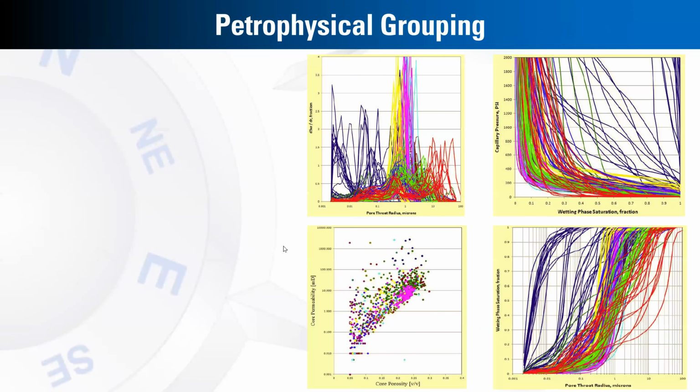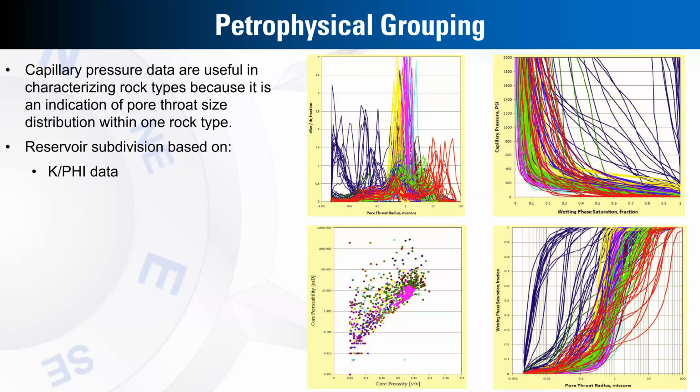So these are the applications of petrophysical grouping by the capillary pressure data, as you can see. And it must be integrated with the routine core measurements like the porosity-permeability cross plot. And this is the capillary pressure for different samples against water saturation.